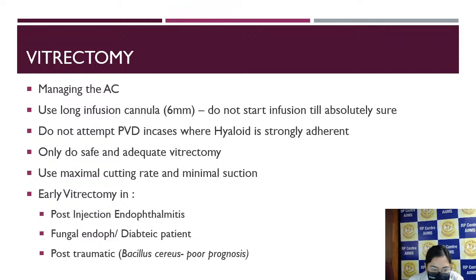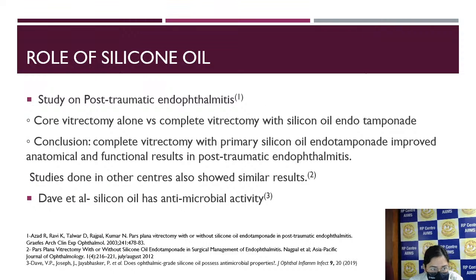Early vitrectomy is considered in cases of post-injection endophthalmitis, fungal endophthalmitis, in diabetic patients, and in post-traumatic cases. In post-traumatic cases, Bacillus cereus is a common organism, and it has a very poor prognosis, and hence early vitrectomy is to be considered. Now, the role of silicone oil.